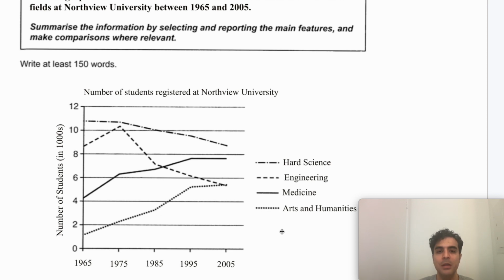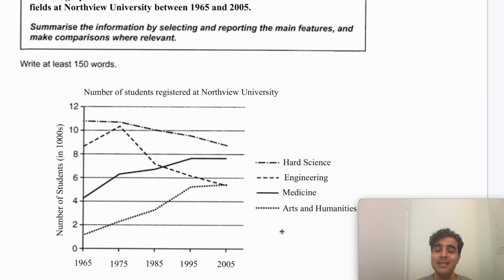I'll show you. If you look at the general trends here and you ignore any increases or decreases that happened in between, you'll notice that we have a declining trend for hard science and engineering majors, and we have an increasing trend for medicine, arts, and humanities.